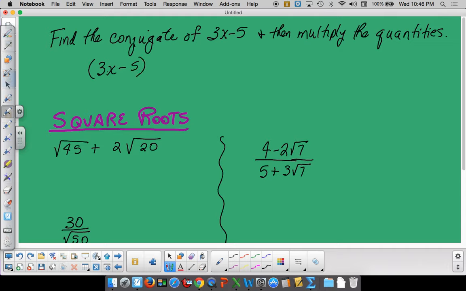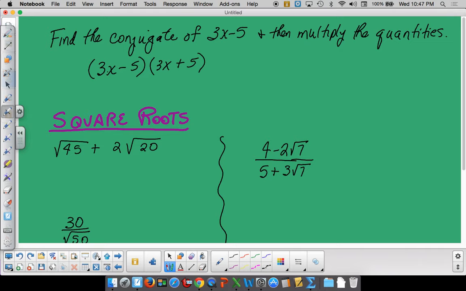But we'll talk about it here as well. If you'll recall, a conjugate is nothing more than taking the exact same binomial you've got and changing only the sign in the middle. You don't change the sign on the first term, you only change the sign in the middle. So 3x plus 5 is the conjugate of 3x minus 5. And then they want you to multiply them.